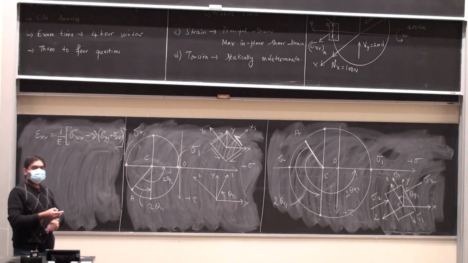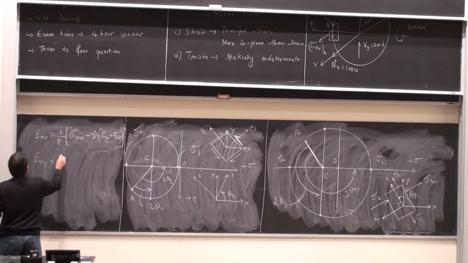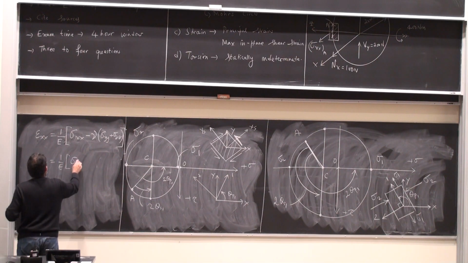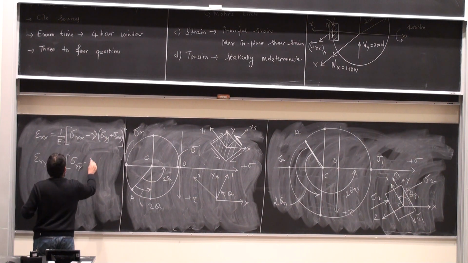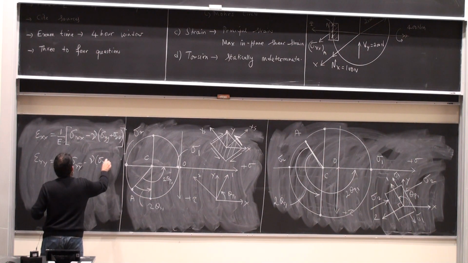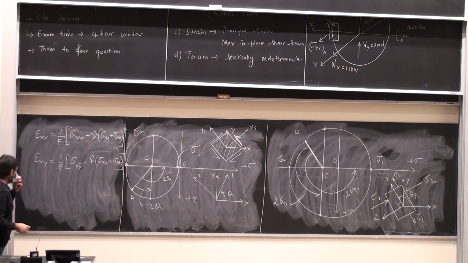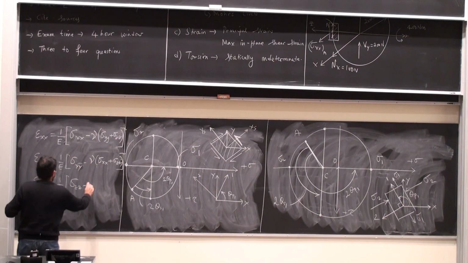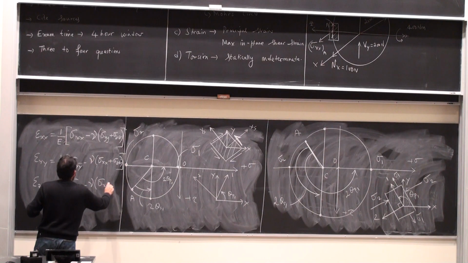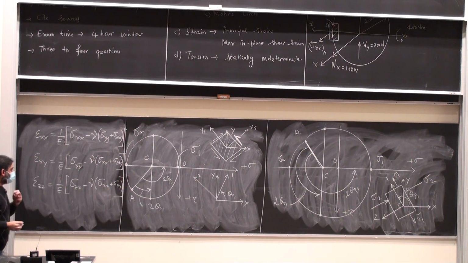And I'm going to go over this in much more detail in the next class. And likewise for epsilon yy, 1 by E, sigma yy minus nu times sigma xx plus sigma zz. Epsilon zz is 1 by E, sigma zz minus nu times sigma xx plus sigma yy.